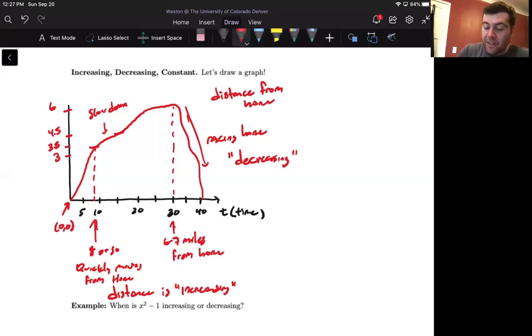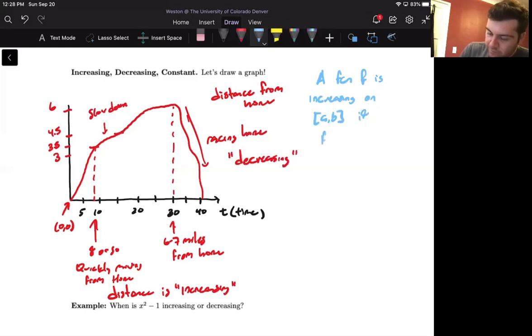So let's put some actual definitions on this. We say a function f is increasing on an interval a to b if x is less than y implies f of x is less than f of y.